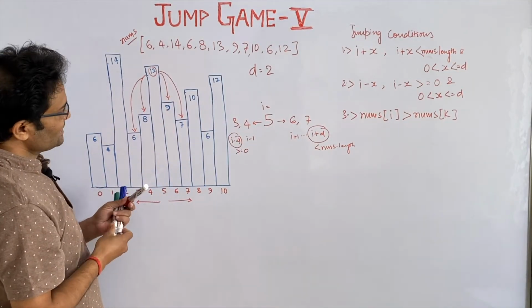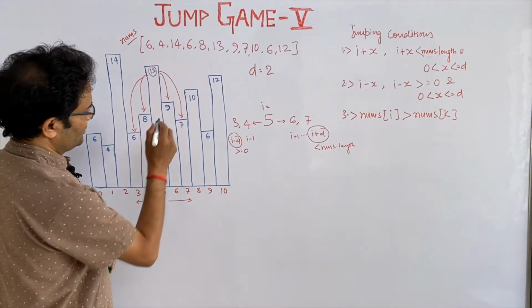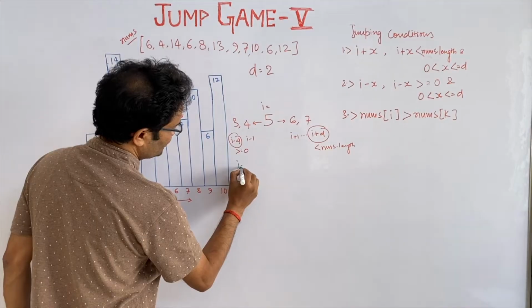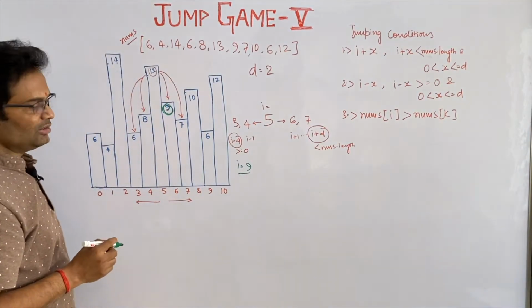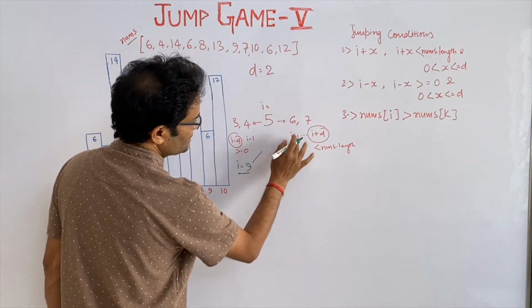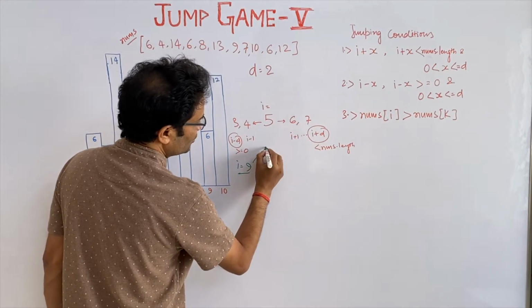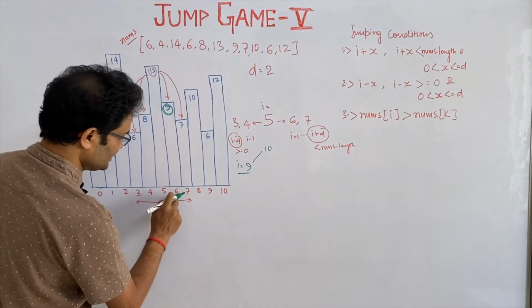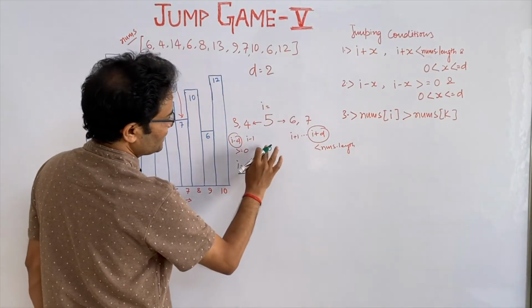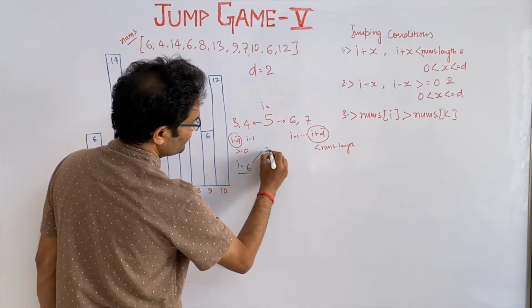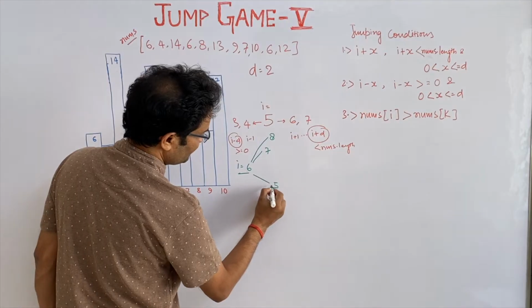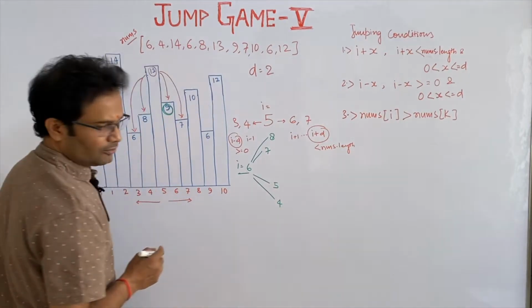But if you take another example, suppose you are on the 9th, your i is equal to 9, suppose. From 9, how many places can you jump? There are two possibilities, right? If you see i plus 1 to d, you can go, sorry, this is the 6th index. If i is equal to 6, according to the first and second conditions, you can go to 7, you can go to 8, you can go to 5, you can go to 4, right?